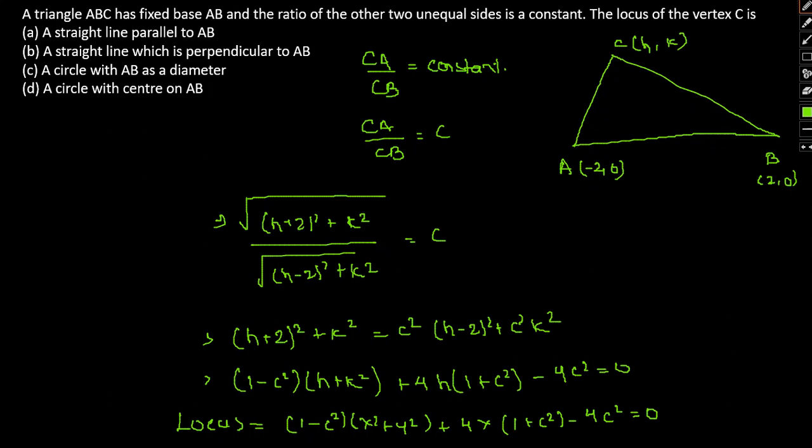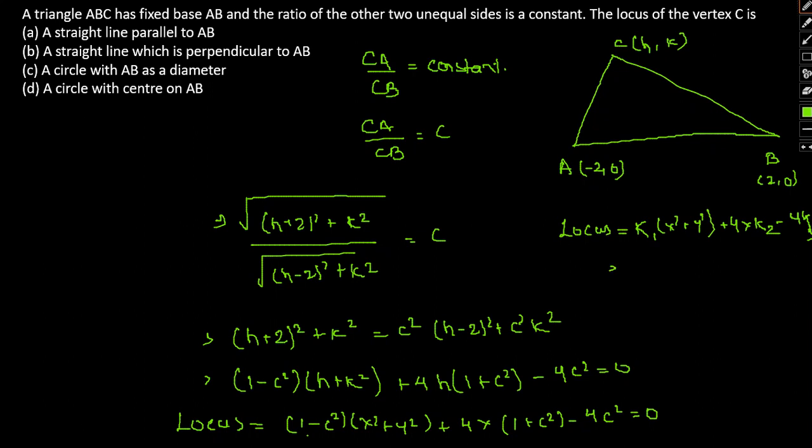Now if we take a look at whatever equation we have got, for the locus, 1 minus c square can be any constant, k1 say. So k1 times (x square plus y square) we can write. Further we can write 4x times another constant, say 1 plus c square be k2, minus 4c square, k3, whatever you can choose. So all these are constant.